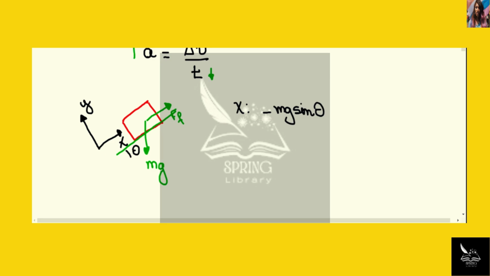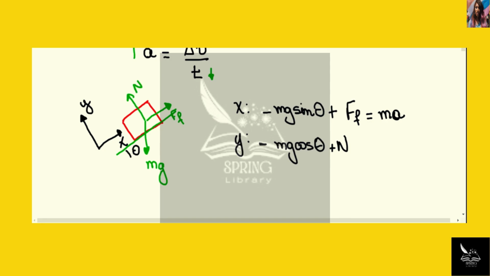And then, besides the gravitational force, we also have the frictional force, Ff, and this is equal to the mass of the block times the acceleration of the block. And in the y direction, we have the y component of the gravitational force, which is minus mg cosine theta plus the normal force that the surface exerts on the block.